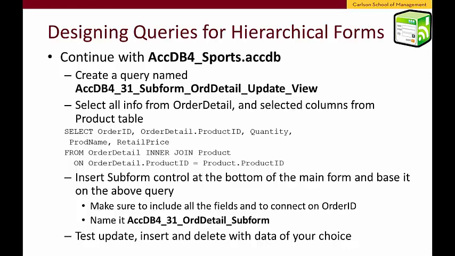Okay, and then we're going to insert the subform control at the bottom of the form, as I'll show you, and we'll again go through wizard-like steps with the subform, making sure to include all the fields, connect main and subform order ID, and then name it appropriately, and of course test this with updates, inserts, and deletions that we'll make up as we go along.